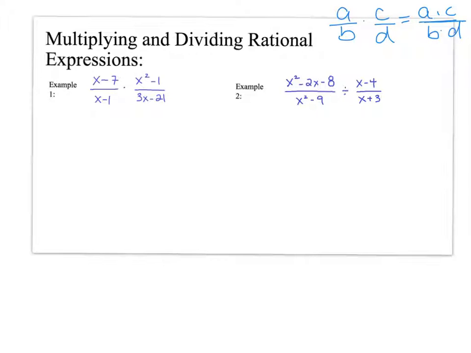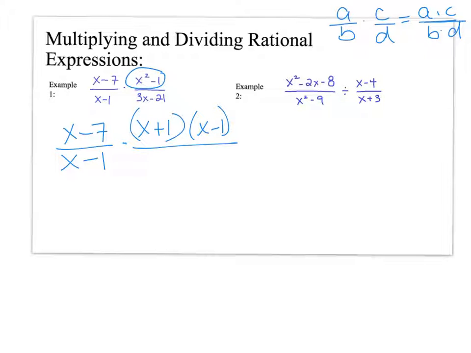But the first thing that we want to do is factor out anywhere that we are able to. So x minus 7 and x minus 1, we can't factor those any further, but x squared minus 1 can definitely be factored to be x plus 1 and x minus 1. And 3x minus 21, I can factor out the 3 and I get x minus 7. Now because I'm multiplying, it's like I'm combining everything together.